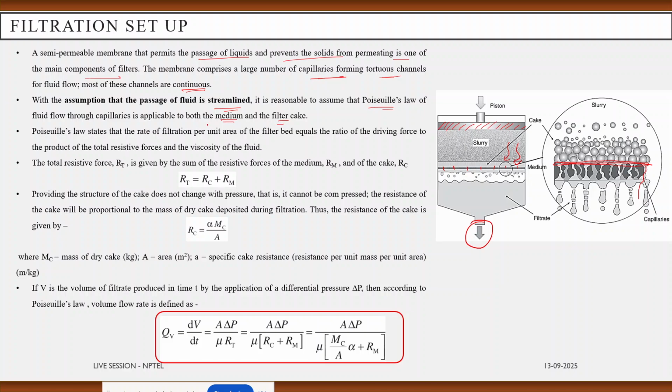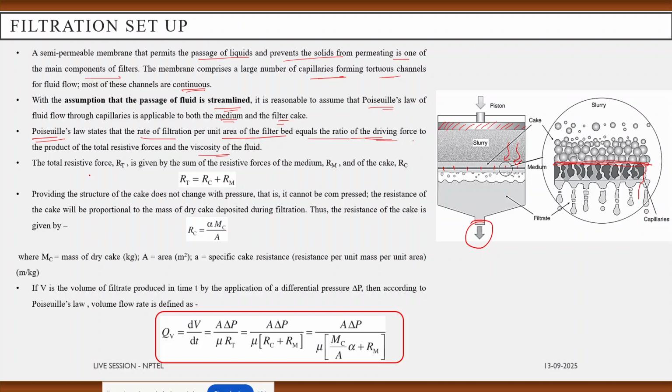Poiseuille's law states that the rate of filtration per unit area of the filter bed is equal to the ratio of the driving force to the product of the total resistive force and the viscosity of the fluid. We will apply the same logic for calculating the volumetric flow rate through a filter.